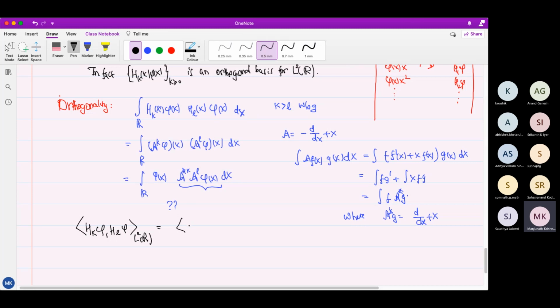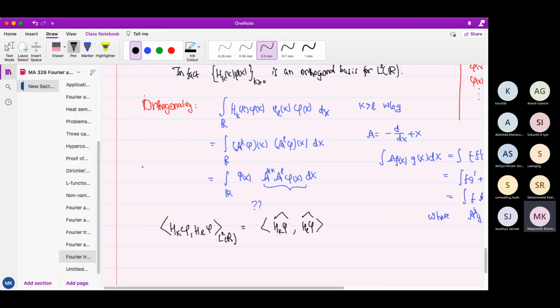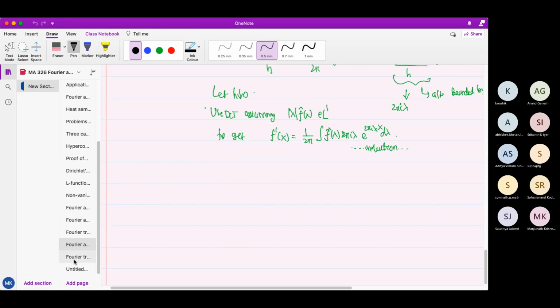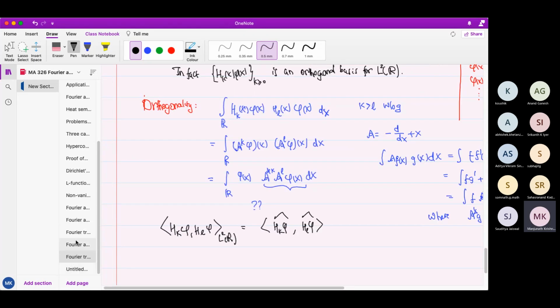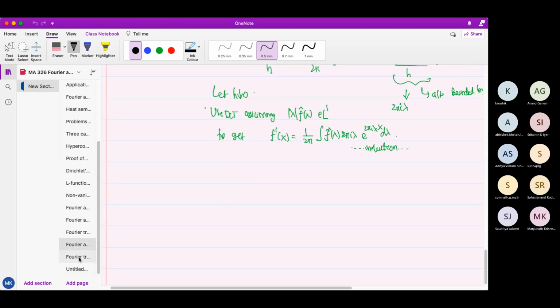But whether it will always give 0 for k not equal to L is what I'm slightly worried about. So it is HK phi hat with HL phi hat. Okay, actually, what does the Plancherel theorem say? I have to see what the factor is between them.